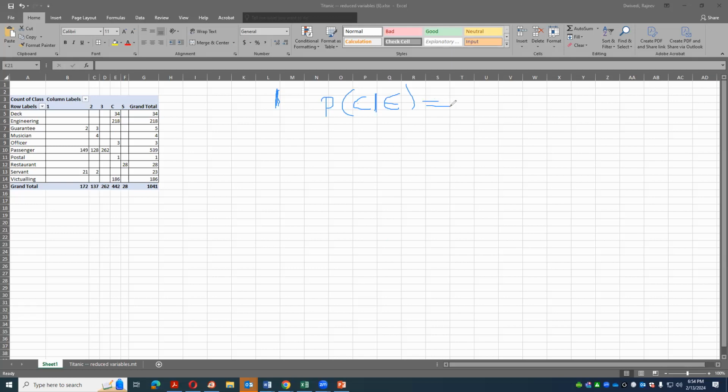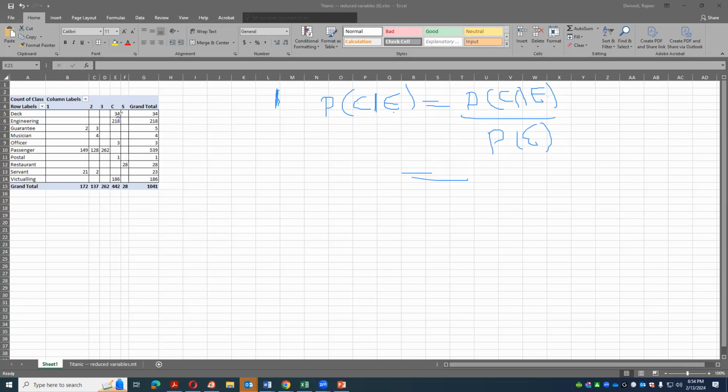The formula says probability of C and E divided by probability of E. What is C and E?